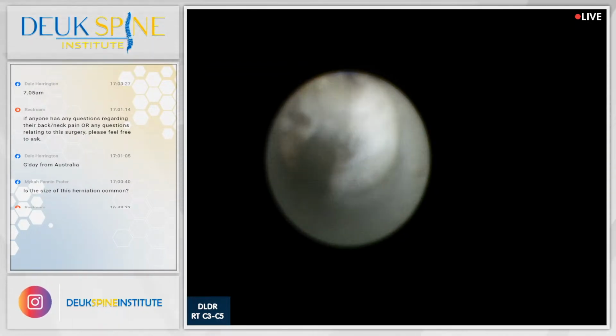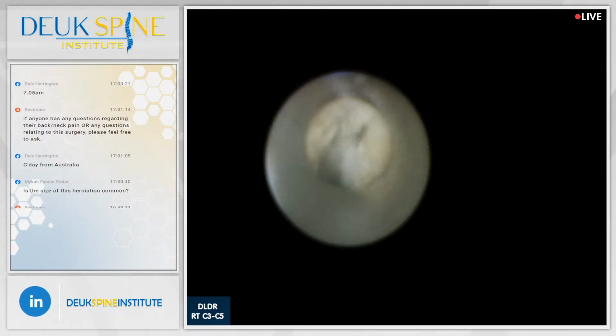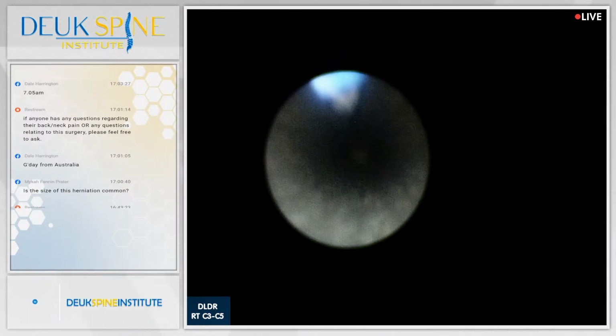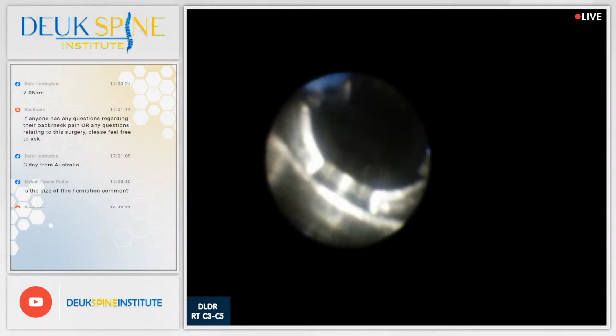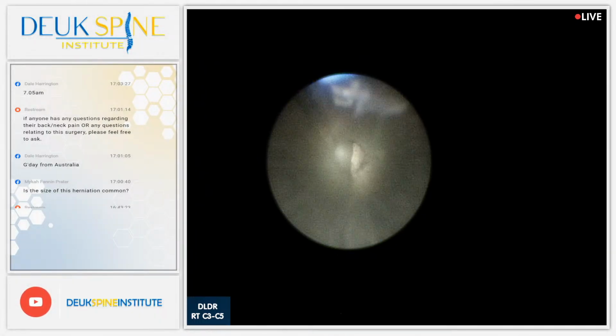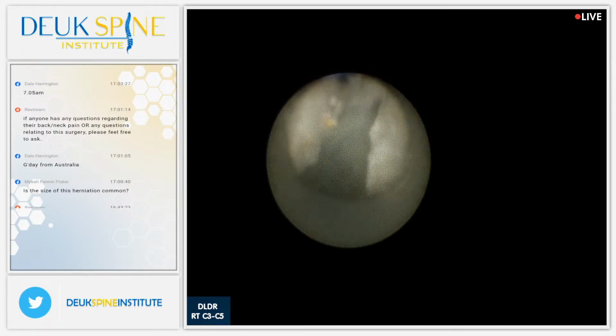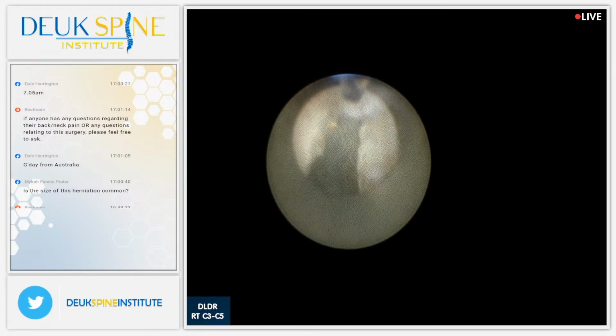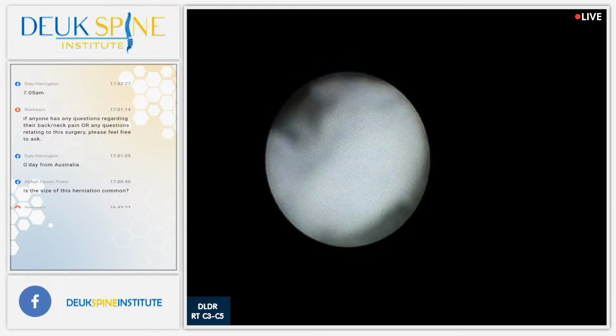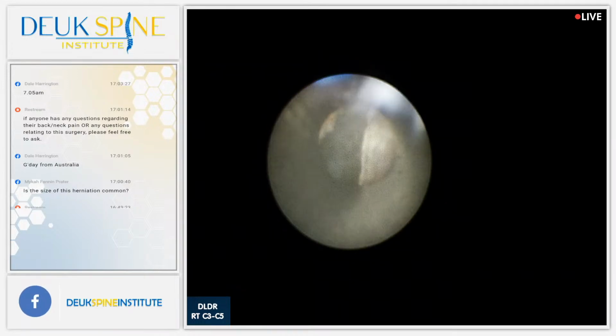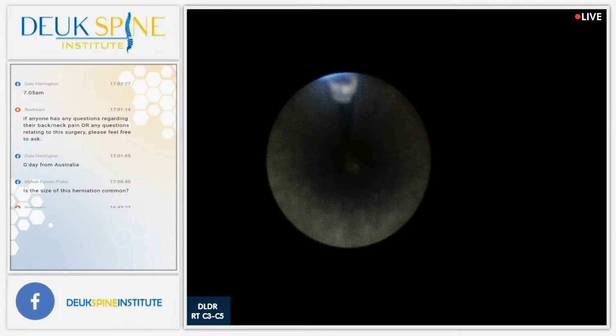You guys can see the fibers, right? The annular fibers there from the tear. Bone spur. I'm going to keep trying to clean up these fibers just a little more. Keep getting little pieces of herniation popping up at me.